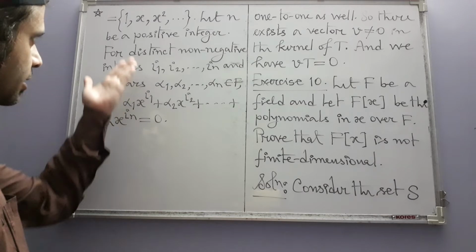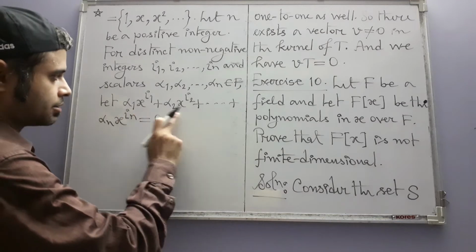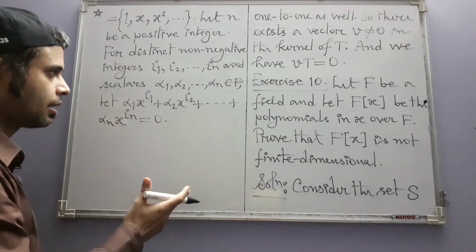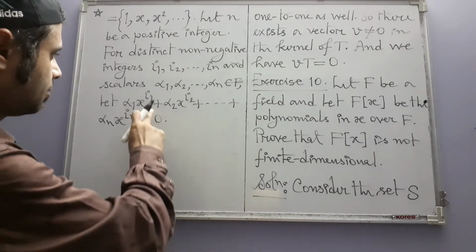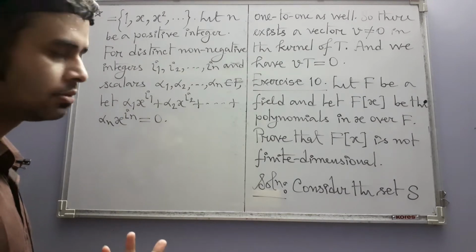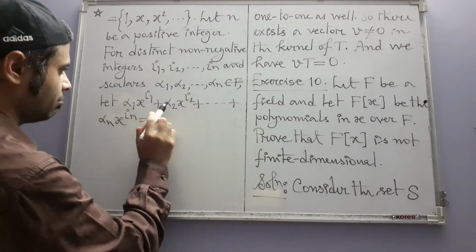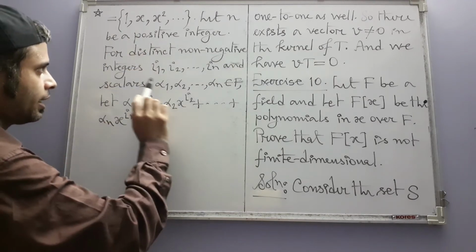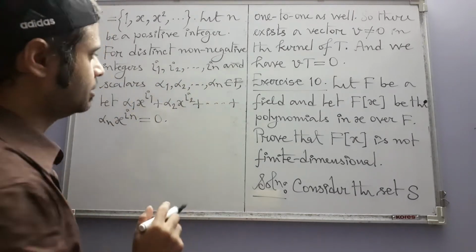So now you can understand why we are writing these things. These monomials, x to the power i1, x to the power i2, all the way up to x to the power in, are elements taken from the set S. To make them distinct, we have taken the ij's to be distinct exponents. But to allow for the possibility that one of these monomials may in fact be 1, we have allowed them to be non-negative integers, not just positive integers.